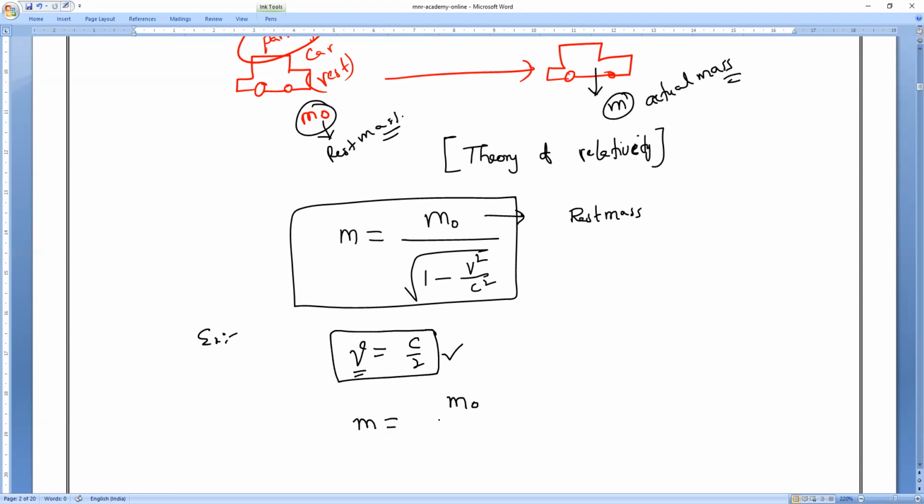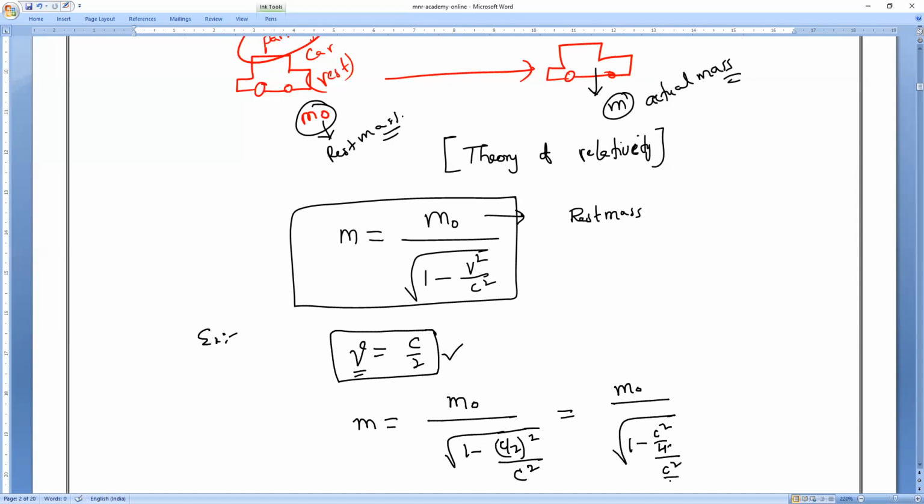Then you can find the actual mass. Actual mass is equal to m naught divided by root over 1 minus, in place of v, I can write c by 2, whole squared, divided by c square. Am I right or wrong? So m naught divided by root over 1 minus c square by 4 divided by c square.